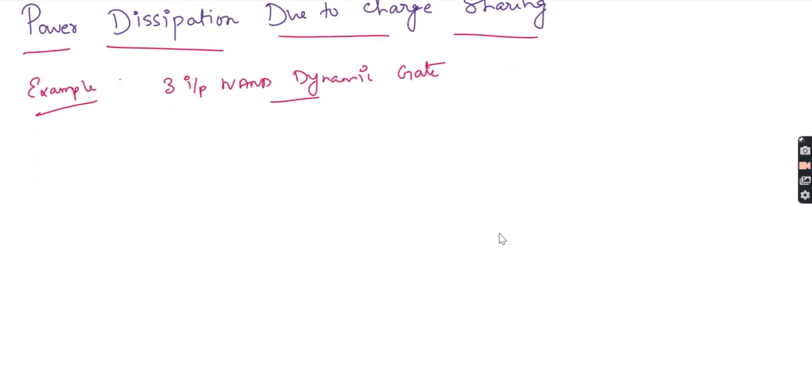So a 3 input dynamic gate in the sense, first at the top we will have the PMOS. Then here we have to draw the NMOS circuit. It's a NAND gate, right? NAND gate means if I go for an NMOS network, it is in series. 1, 2, 3.